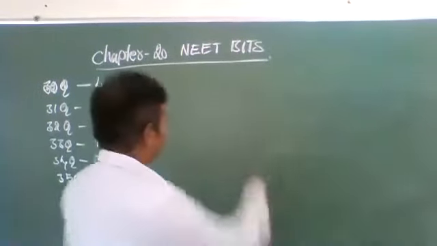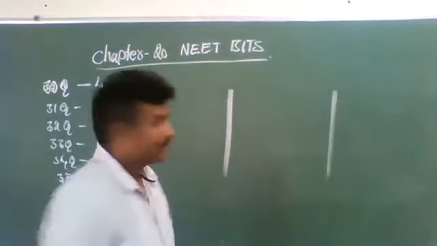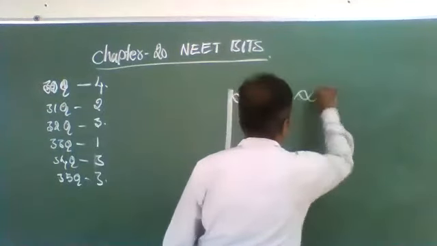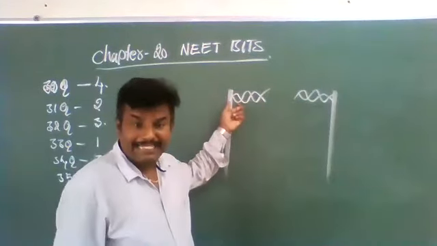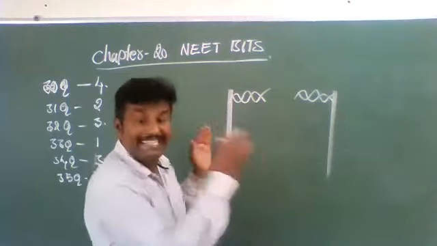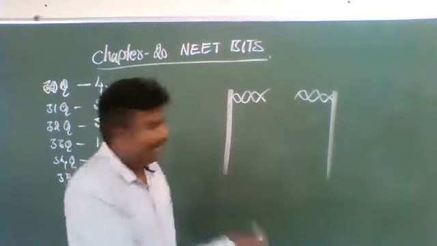See, I drew the Z line. Actually, here those are all actin filaments that I should have drawn neatly. But if I draw this neatly, it will take half an hour, that's why I am drawing hurriedly.